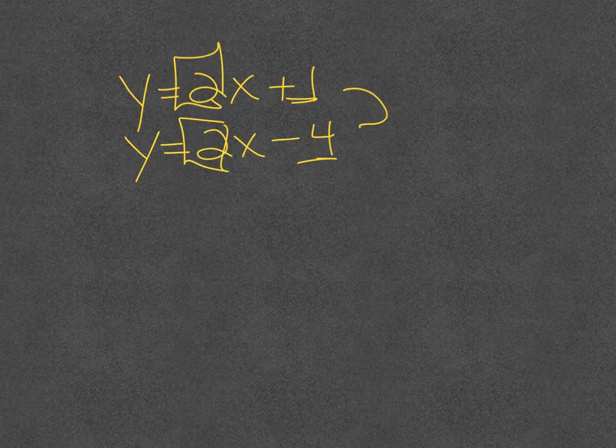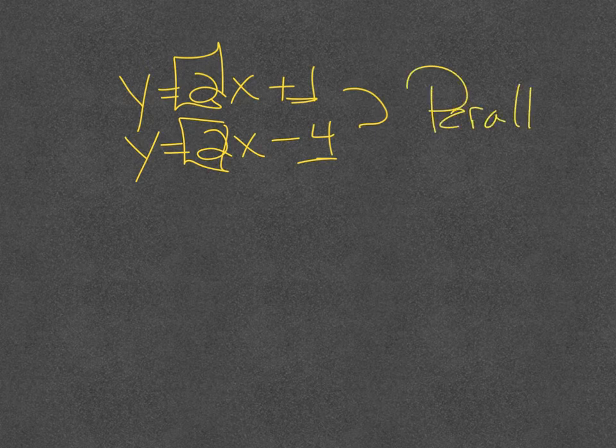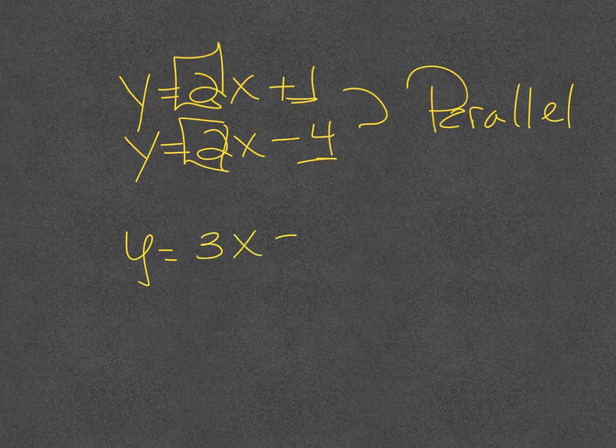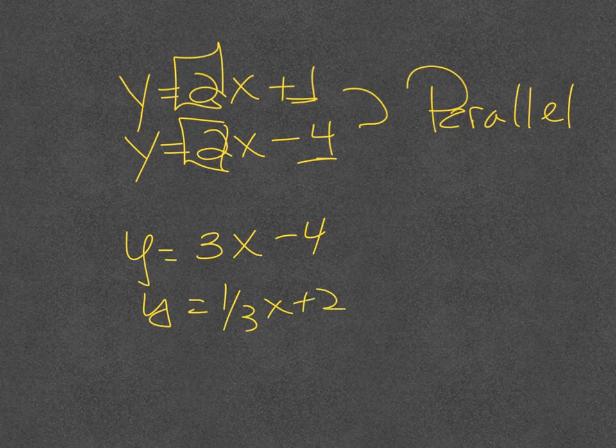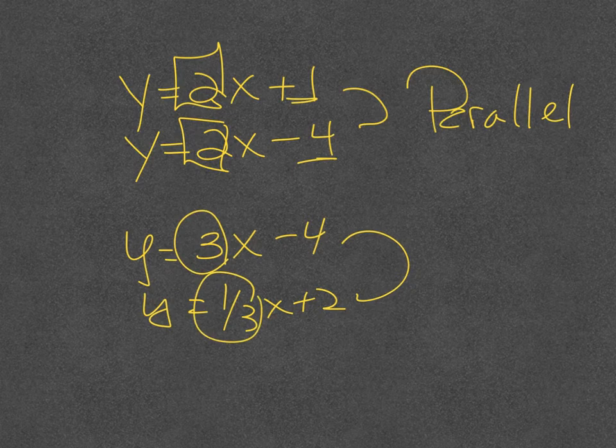This is y equals mx plus b. So they have the same slope, so they are parallel, right? If I have y equals 3x minus 4 and y equals 1/3 x plus 2, what are they going to be? Well, the slopes, that's a reciprocal of 3, but it's not the opposite, so this is going to be neither.